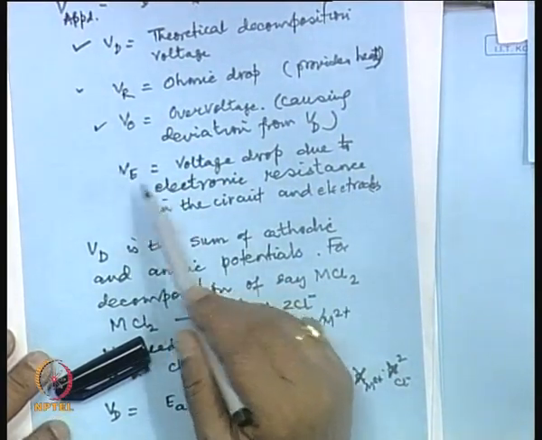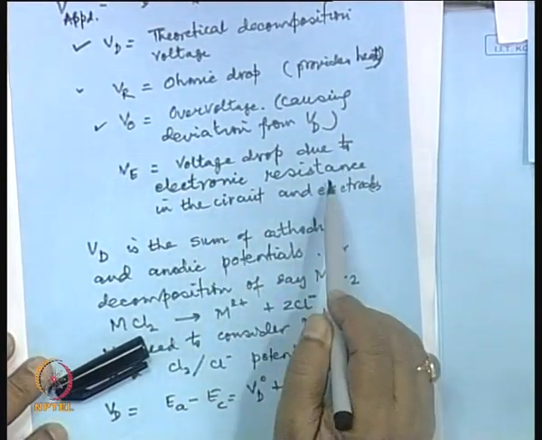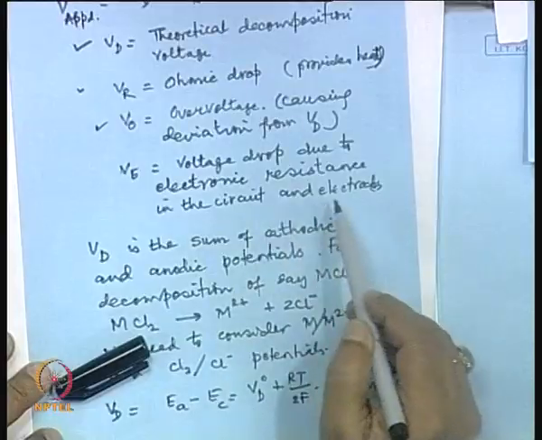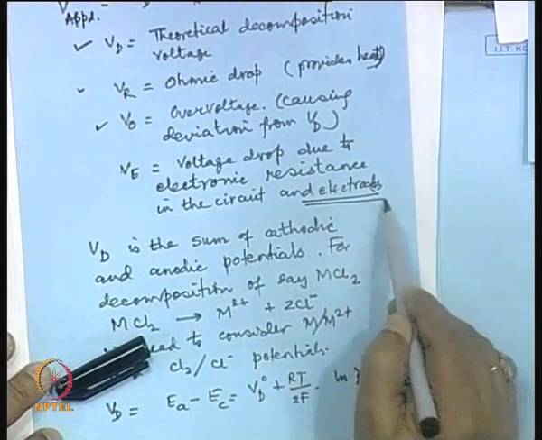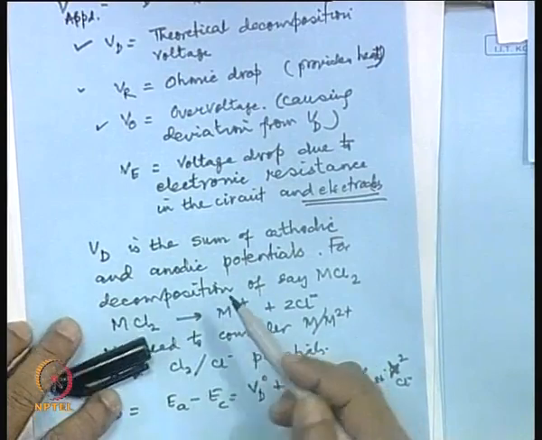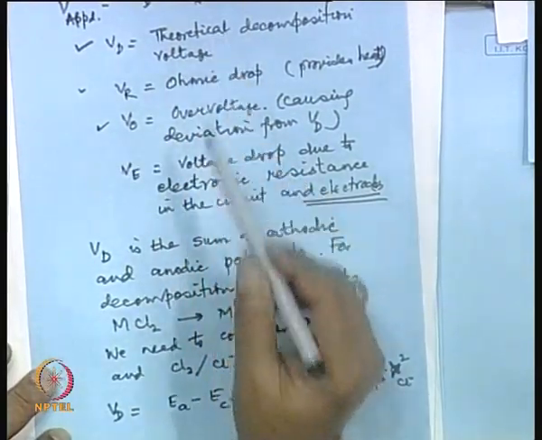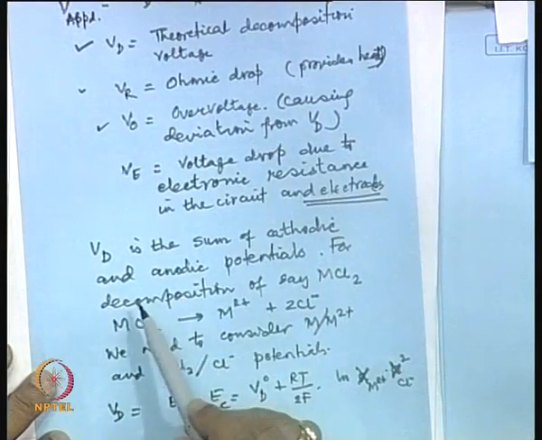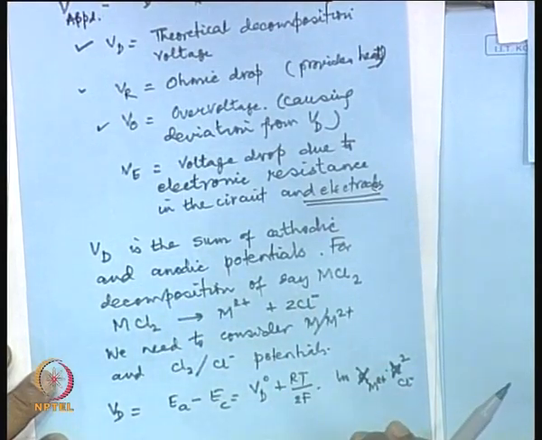V e is the voltage drop due to electronic resistance in the circuit. There are all kinds of electrical connections, and everywhere there is an electronic resistance that causes a voltage drop. There is also a voltage drop at the electrodes, and V d, the theoretical decomposition voltage, you know, is the sum of the anodic and cathodic potentials.